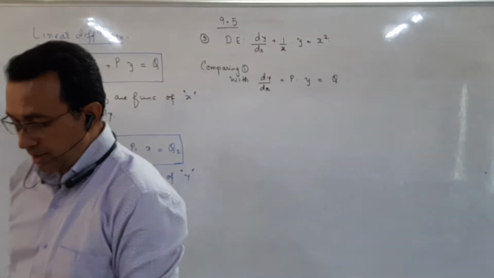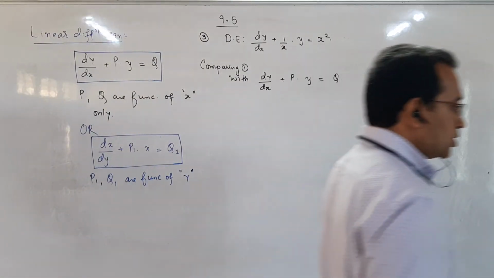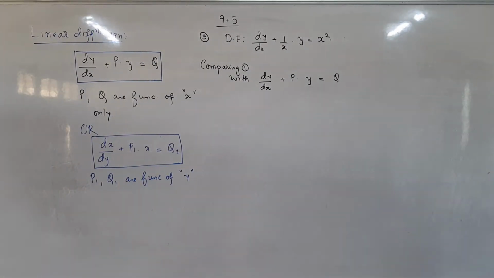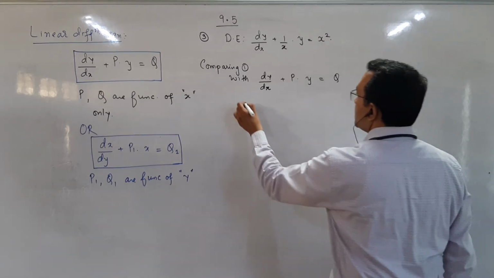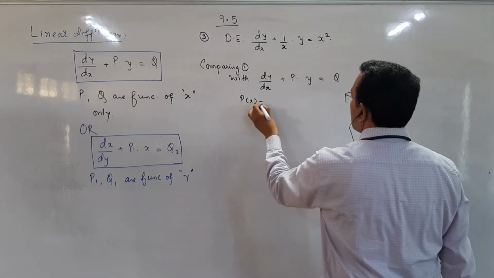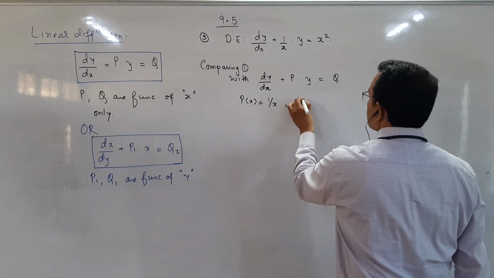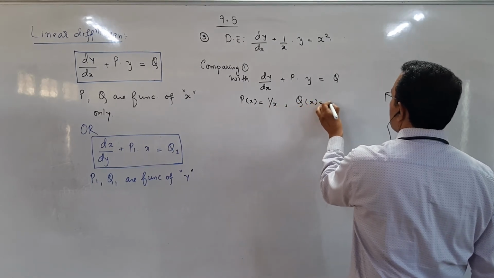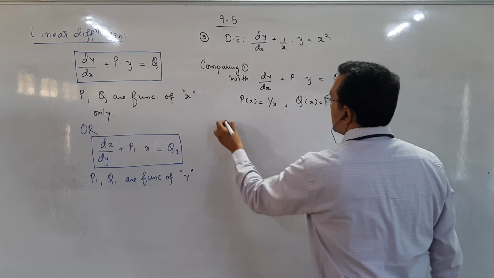So compare the given differential equation with this. We get p of x is equal to 1 by x and q of x is equal to x square.